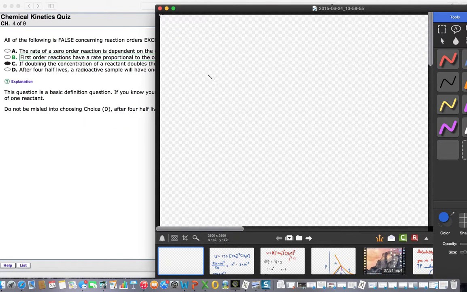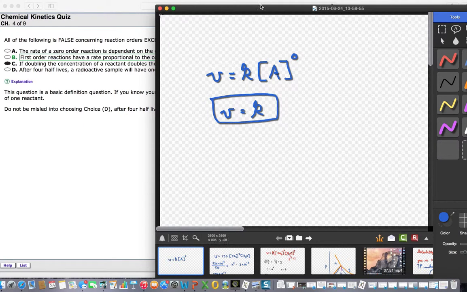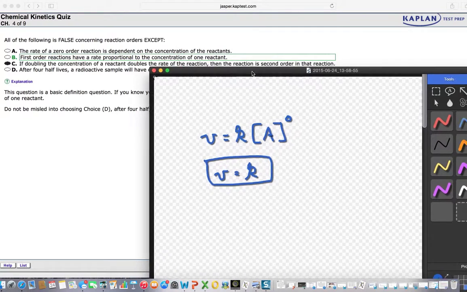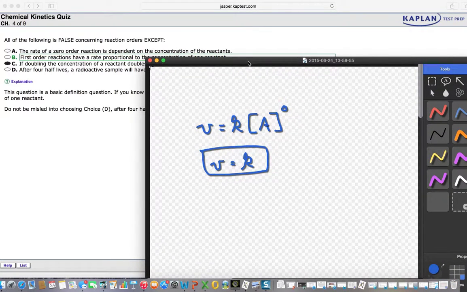Let's imagine that I have a reaction that is 0th order with respect to reactant A. This actually simplifies to the rate is equal only to the rate constant, not to the concentration of A. So we can eliminate A.